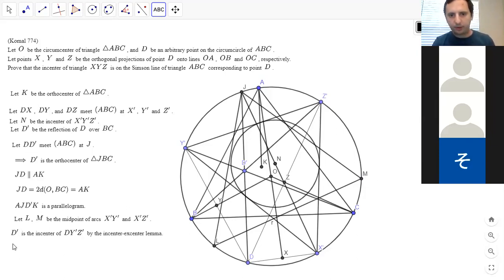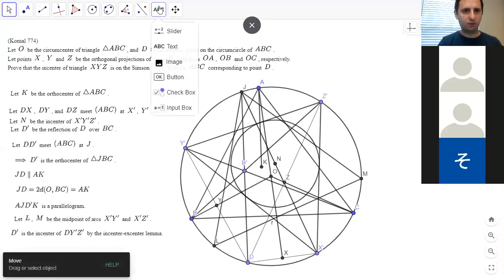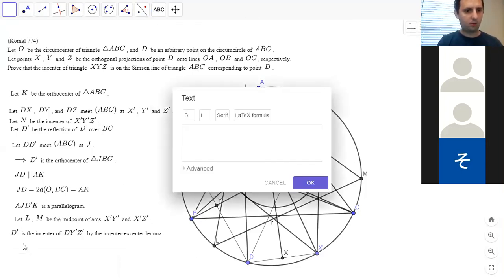I'm going to write what you just said. LN equals LX prime, and MN equals MX prime, which implies ML is the perpendicular bisector of NX prime.